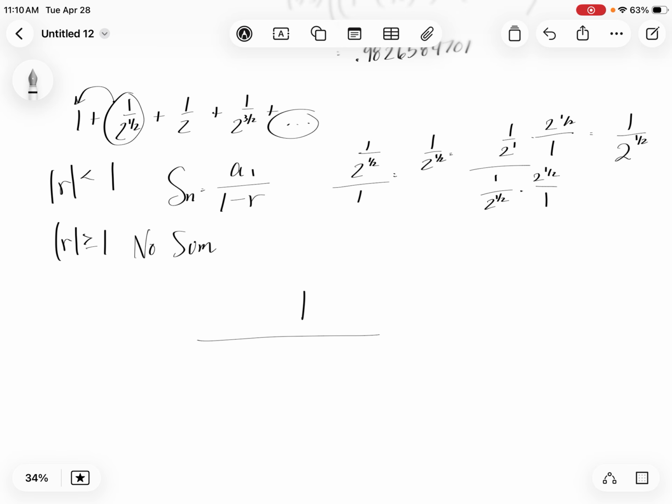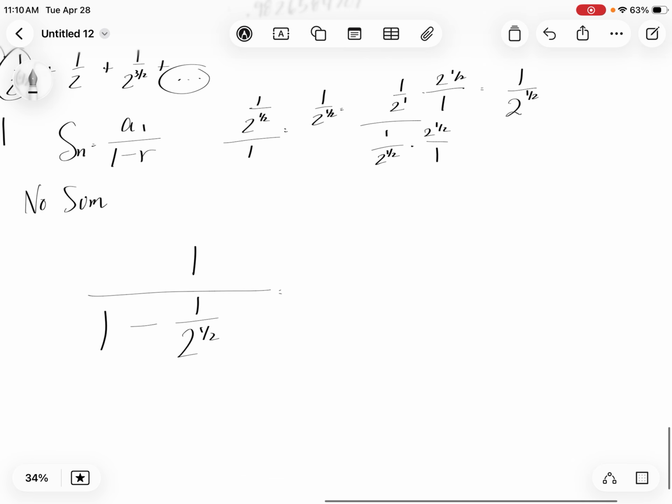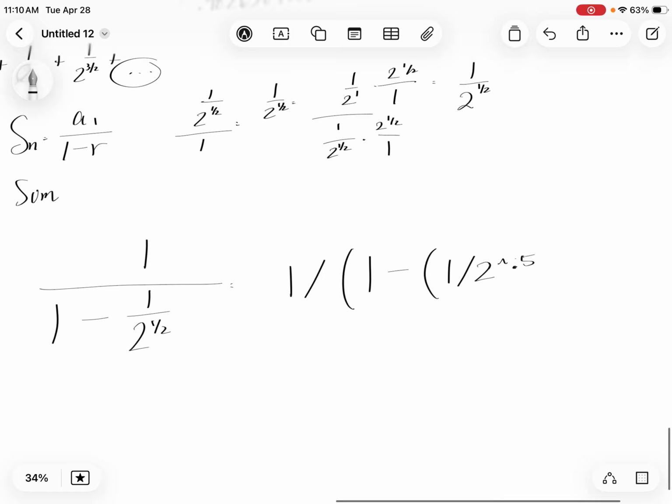So putting it in the formula, 1 over 1 minus 1 over 2 to the half. I type all this in my calculator. Here's how. 1 divided by parentheses for the bottom, 1 minus parentheses, 1 divided by 2 caret 0.5, because I'm just going to make that a 0.5. Close out the fraction, close out the bottom, hit enter.